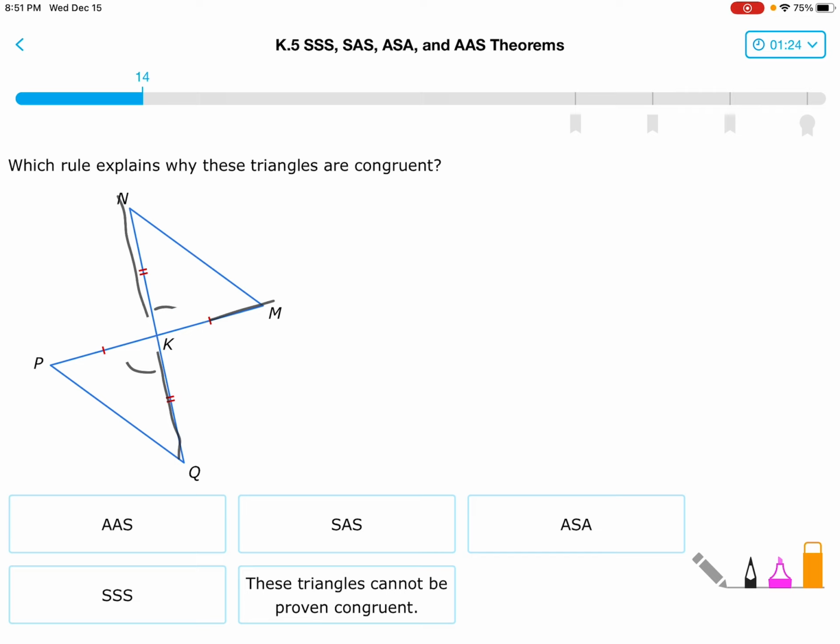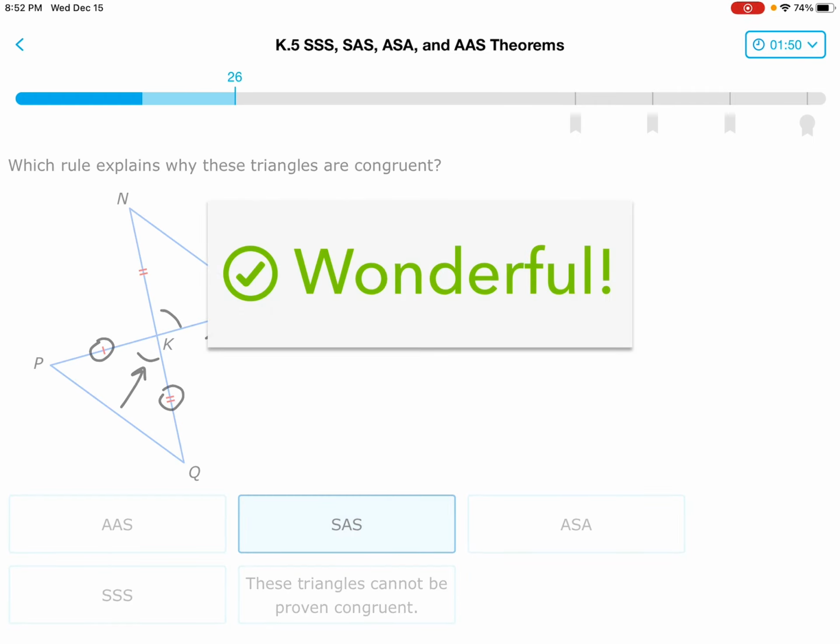I am allowed to put in a pair of vertical angles even without the benefit of additional given information. I know those 2 angles have to be the same. And so it does turn out that in each of these triangles I have a pair of sides, a second pair of sides, and an angle between them that connects the 2. And since I have that same match in both triangles, these are congruent by SAS.